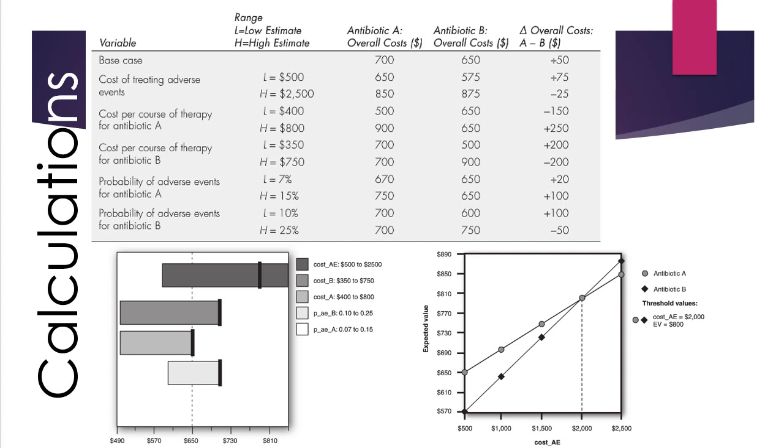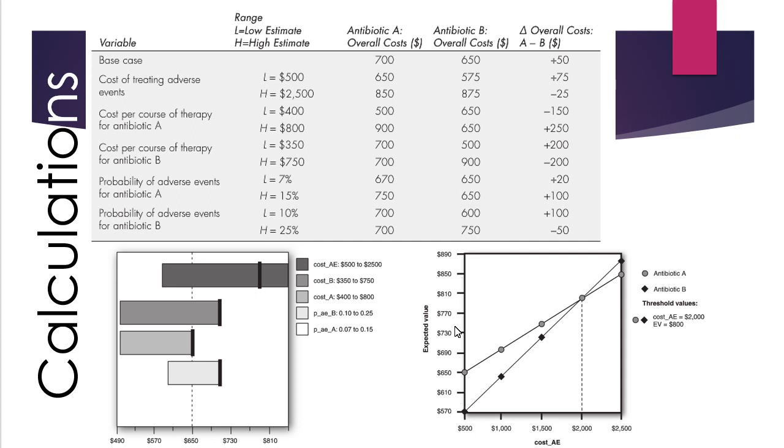The idea here is taking the variable cost of treating an adverse event, where the base case mentioned was $1,000, low estimate 500, high estimate 2,500, and this is what the x-axis is showing: 500 low estimate, 2,500 upper estimate, and the variability of that input.